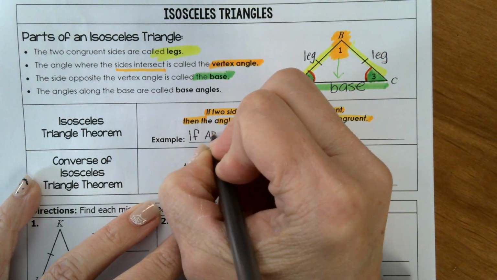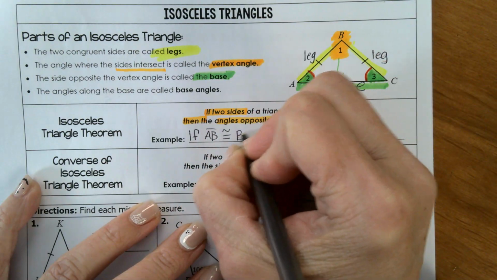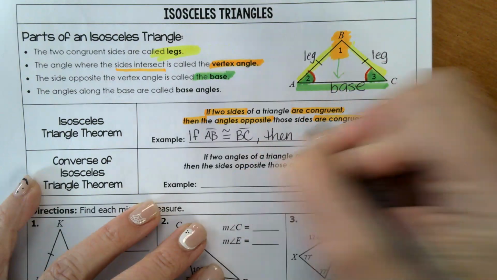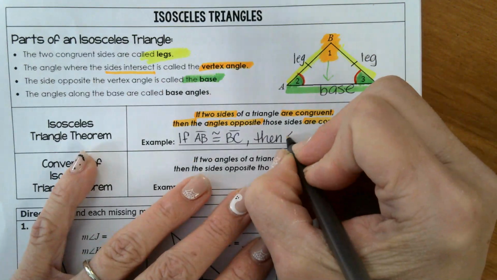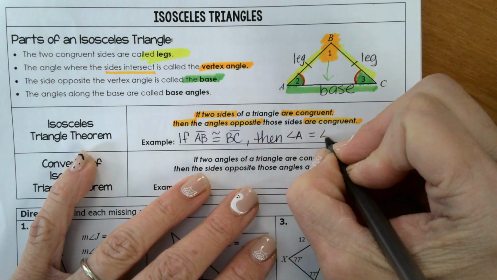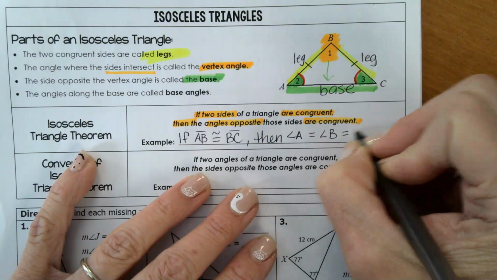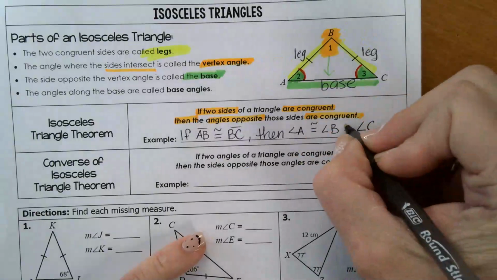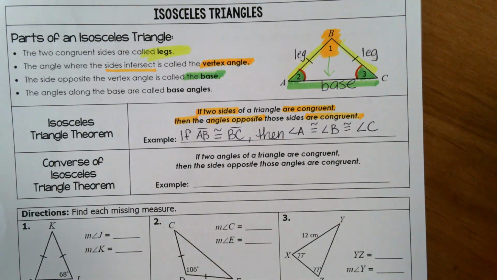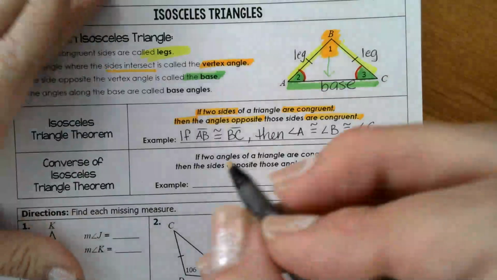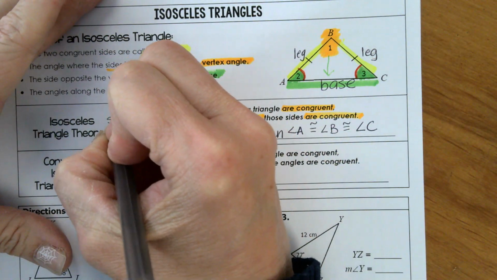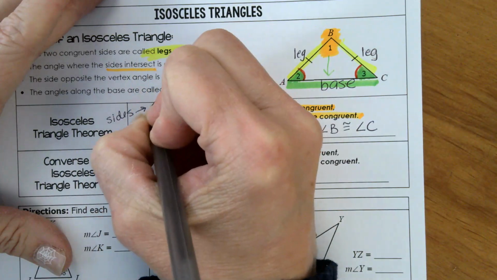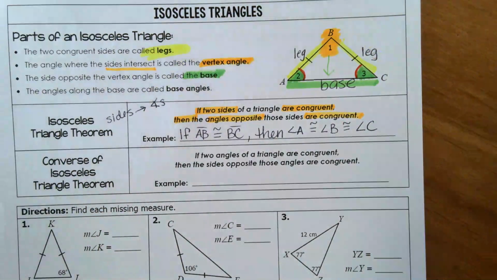If AB is congruent to BC, then we can say that angle A is equal to angle C. Oh, forgot my little congruency marks. Here we go. Congruent. Now that's our theorem. We're going from sides to angles.